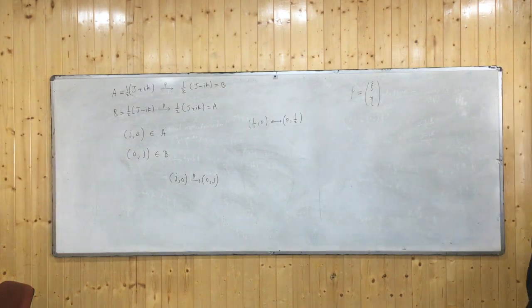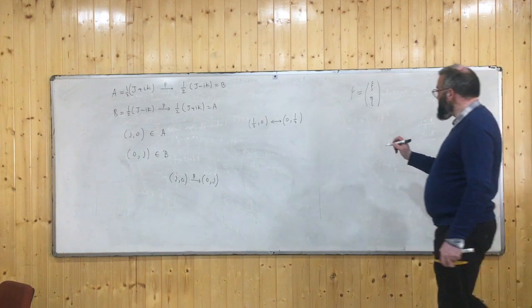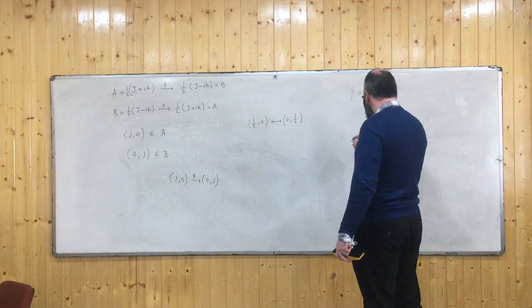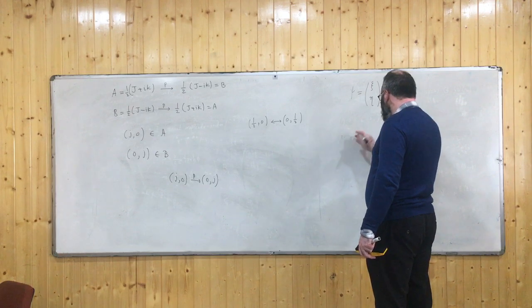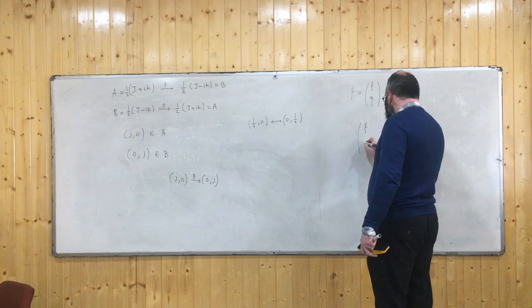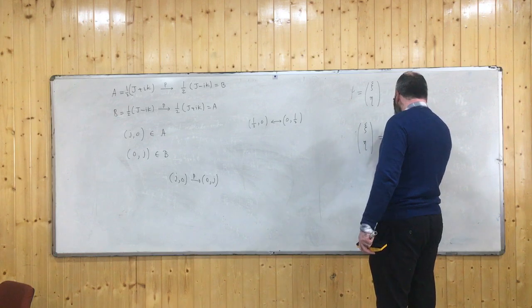Now how do they transform? Under the Lorentz group, this zeta, eta transforms like this.